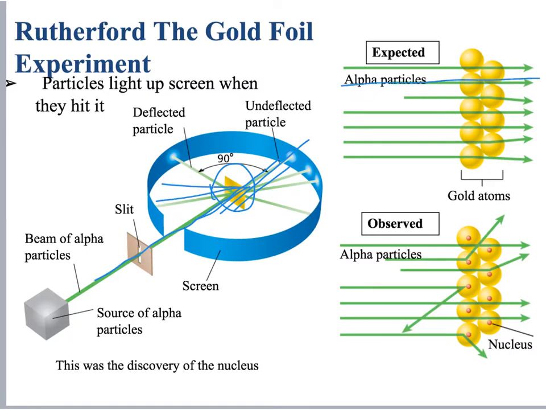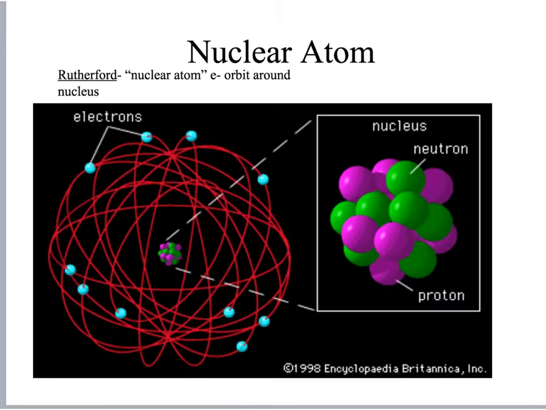He expected them to go straight through the gold sheet. But when particles started to bounce back, that triggered something in him, and so he's accredited with discovering the nucleus.